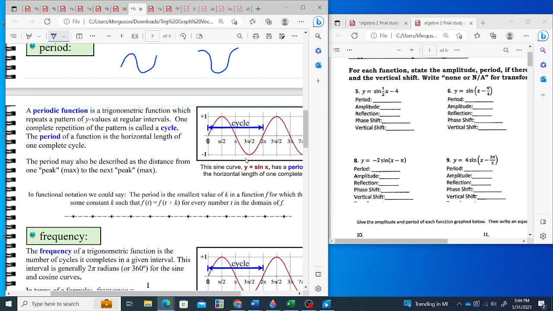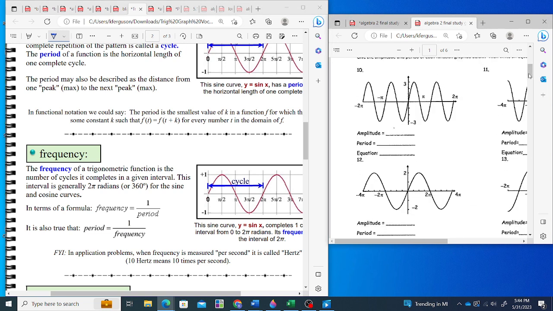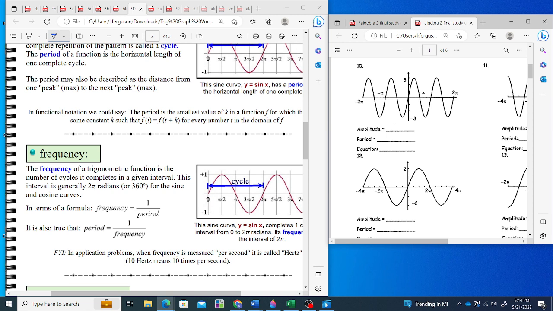Okay. Well, frequency is how many cycles or wavelengths I can fit between 0 and 2 pi. So let's go back to the graph real quick. For instance, this graph between 0 and 2 pi, I'm only getting half my graph, right? That's the whole cycle.